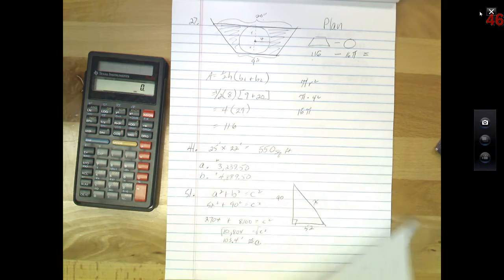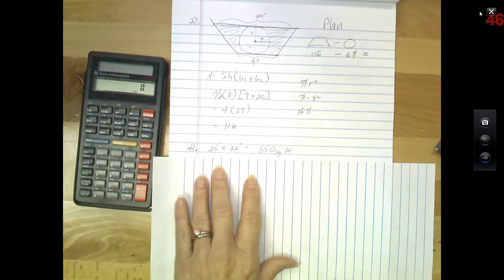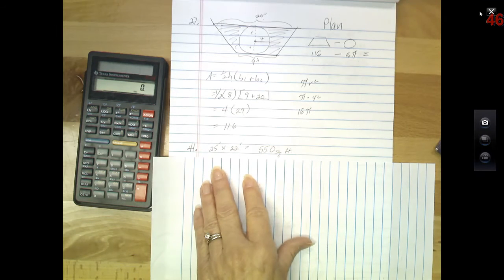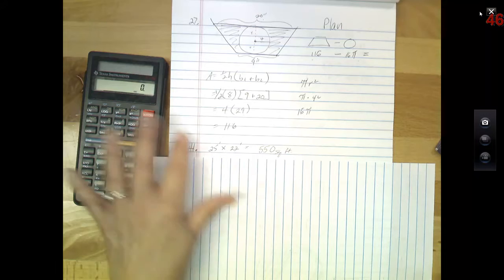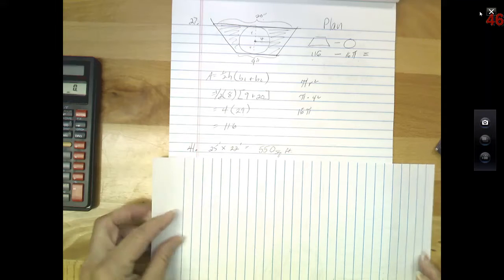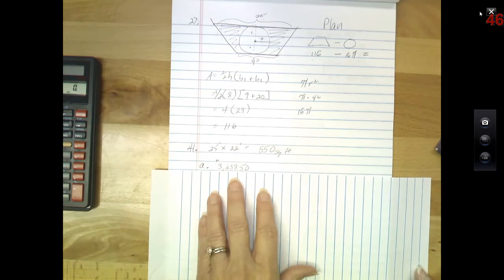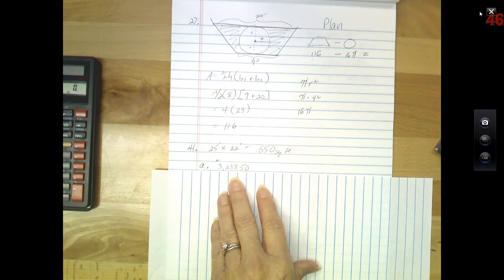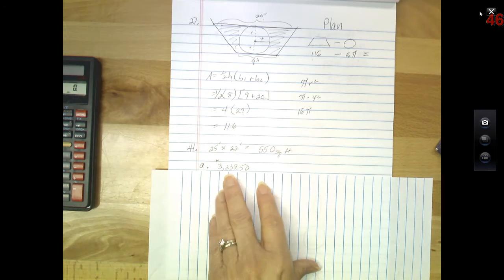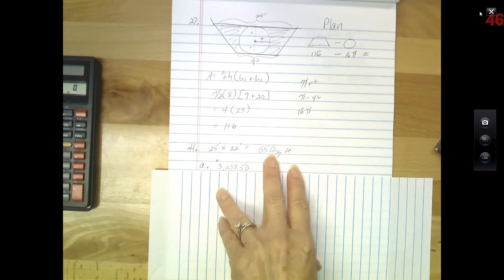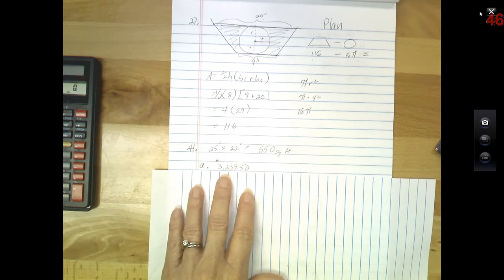First you have to know how many square feet are in the living dining room. That's 25 times 22, or 550 square feet.